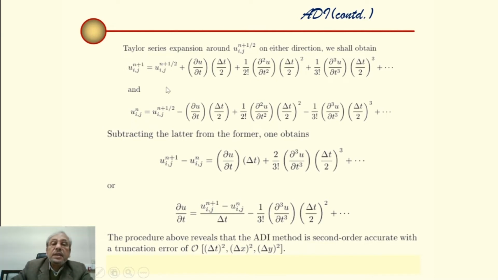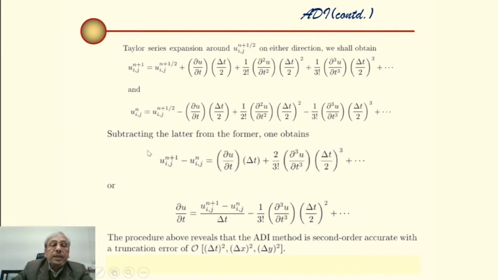So Taylor series expansion around uij at n plus half in either direction. So uij at n plus half in either direction means uij at n plus 1th level, and from here uij at nth level. So this can be written basically by the Taylor series.